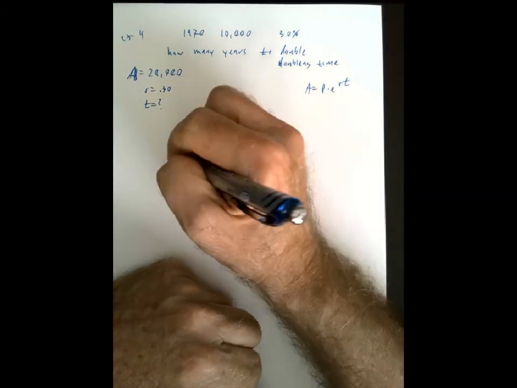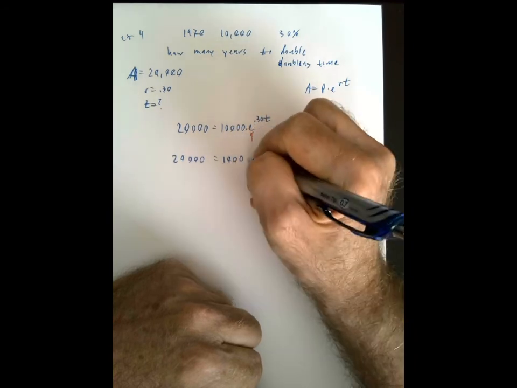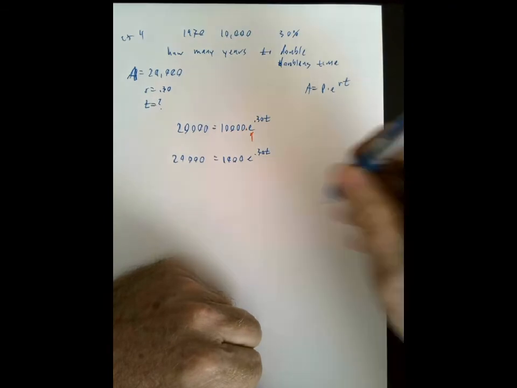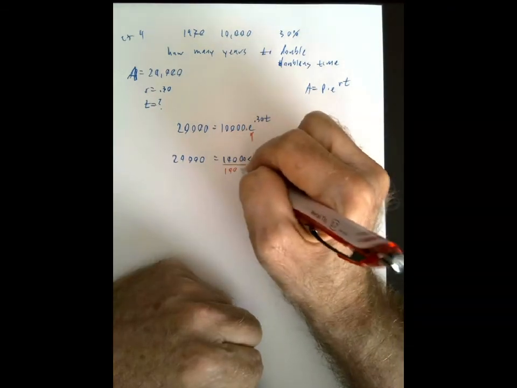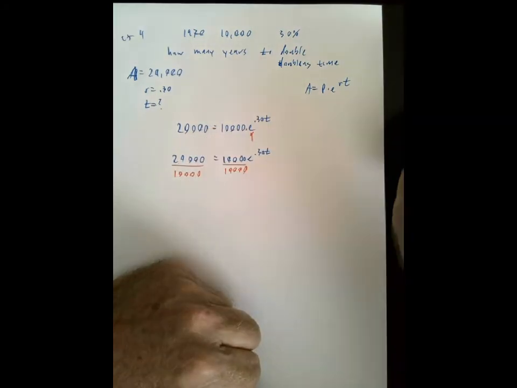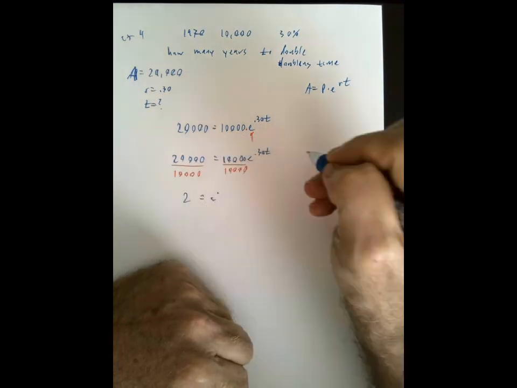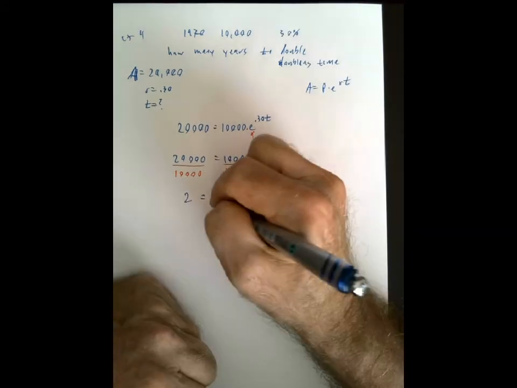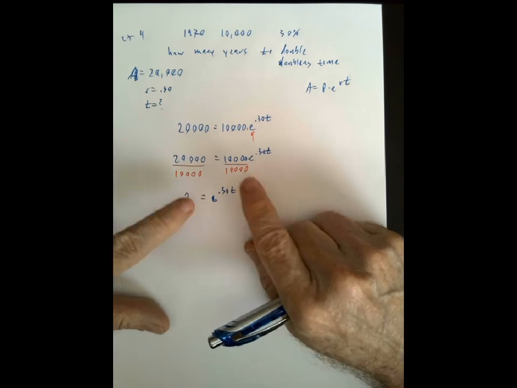So, 10,000 over 10,000, right? That's equal to 2, is equal to e to the 0.30 T. Now, if you remember when we solved this exponential equation before, we logged both sides.